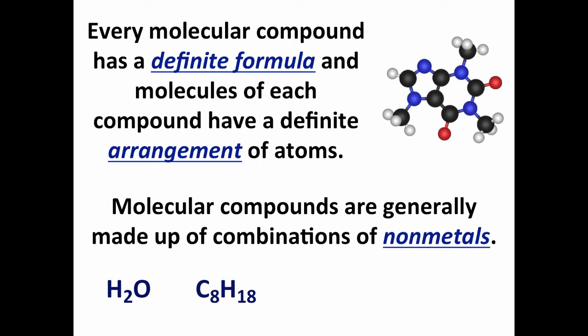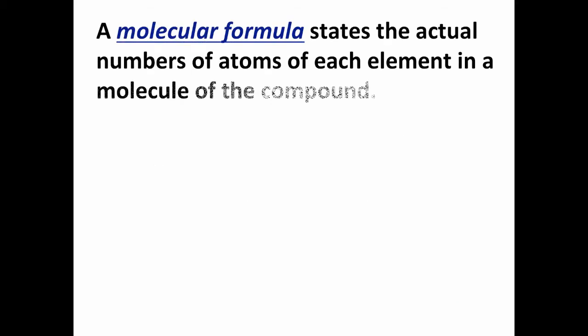Octane, C8H18, a component of gasoline, is made of carbon and hydrogen, both nonmetallic. PCl5, or phosphorus pentachloride, made up of phosphorus and chlorine, both nonmetallic. And many, many more. Now, a molecular formula tells you how many atoms there are of each element in a molecule of that compound.